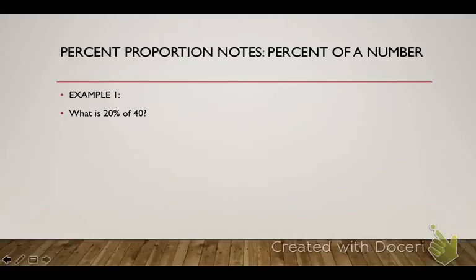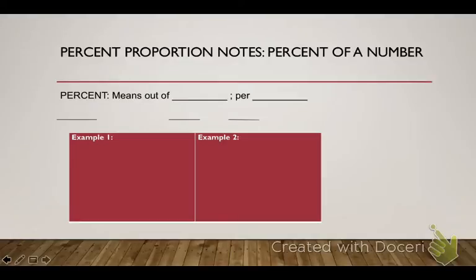Next piece. Example 1, what is 20% of 40? Now, excuse me, I need to back up because I forgot something for you. I should have written right here, and I apologize. Percent means out of 100 or per 100.